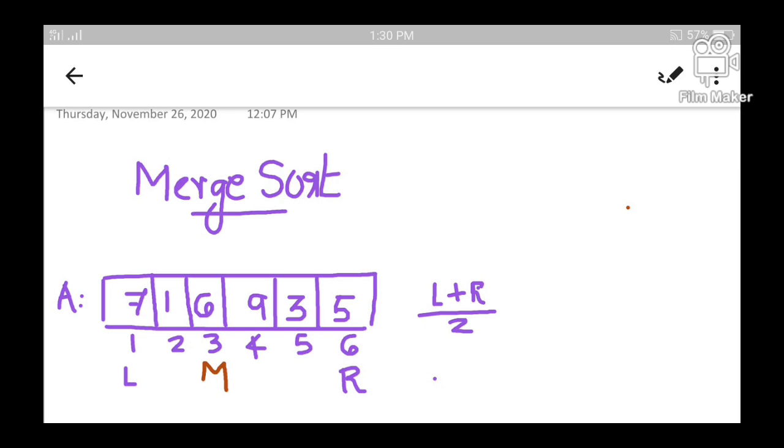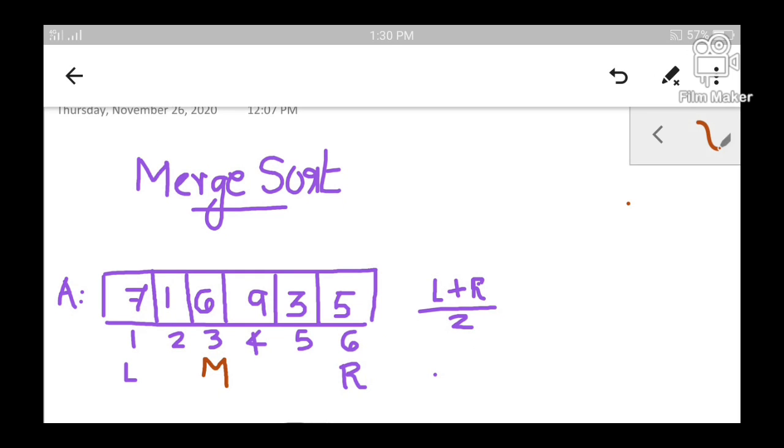Now, if I am going to divide the array into 2 equal parts, which elements will be moved to the left array and which elements will be moved to the right array? Okay, so for that we have a solution. All the elements from the left end of the array to the mid position of the array will be moved to the left array.